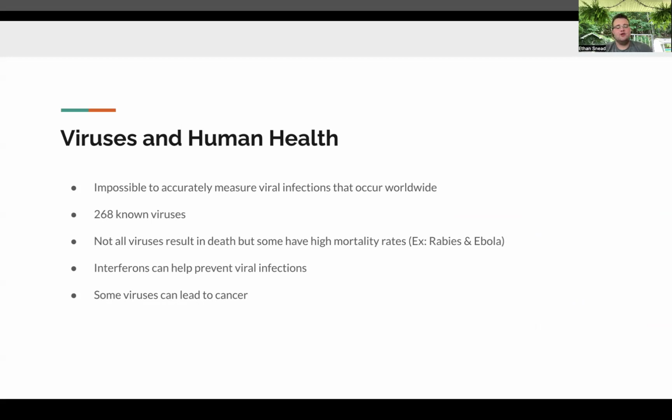Interferons, which are inside humans, can also help prevent viral infections. They help fight viral infections, and they also combat different types of cancer. Some viruses can lead to cancers, such as liver cancer and cervical cancer.